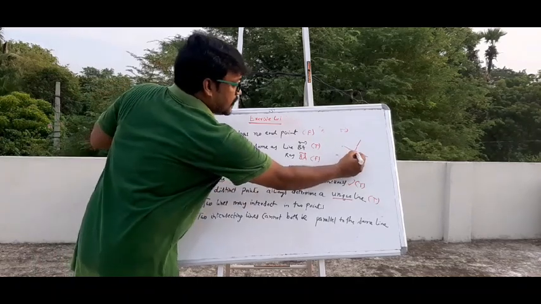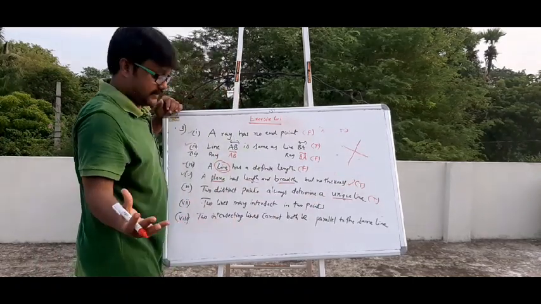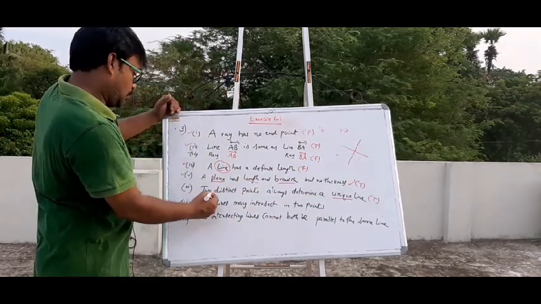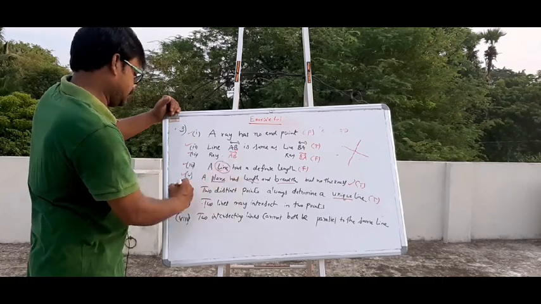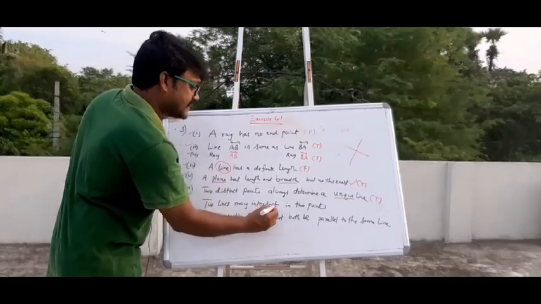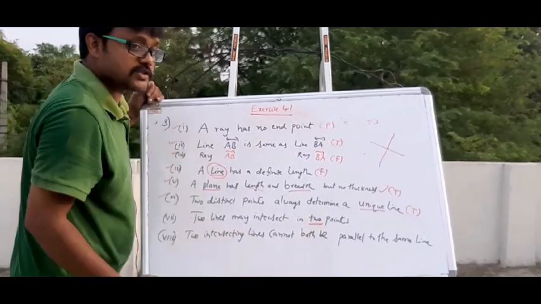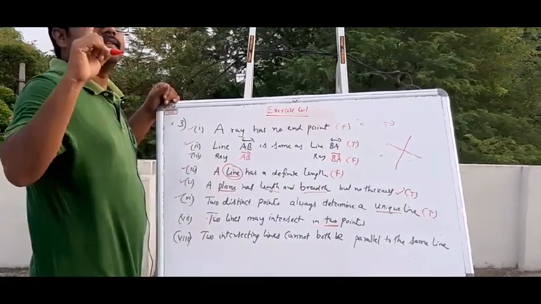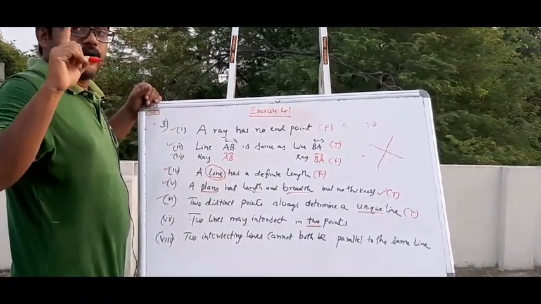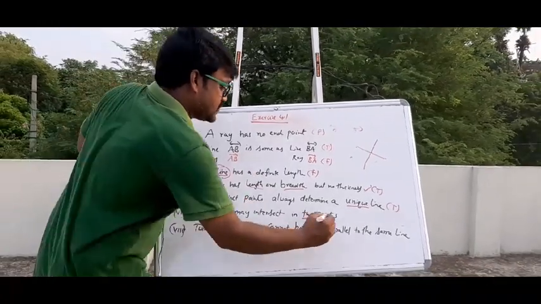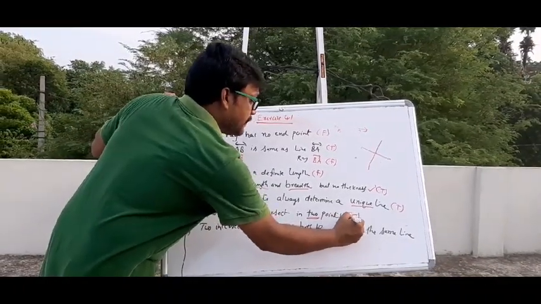They can meet only at 1 point and no more meetings. So two lines intersecting in 2 points is not possible. That is why it is a false statement.